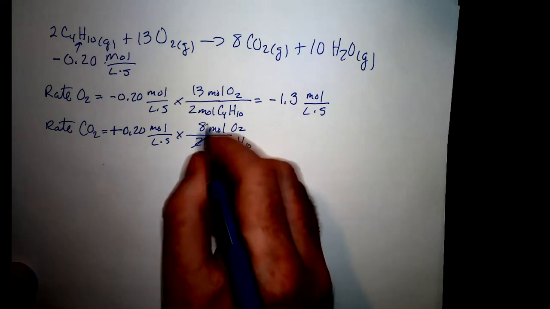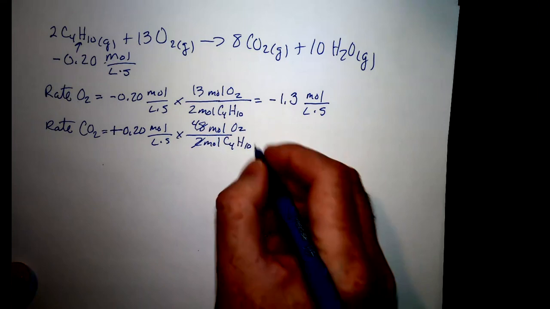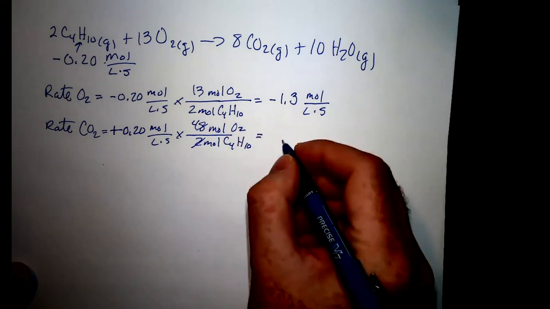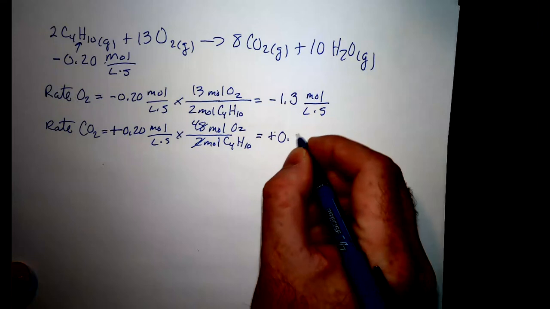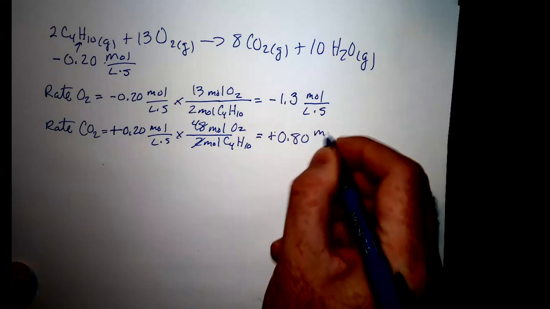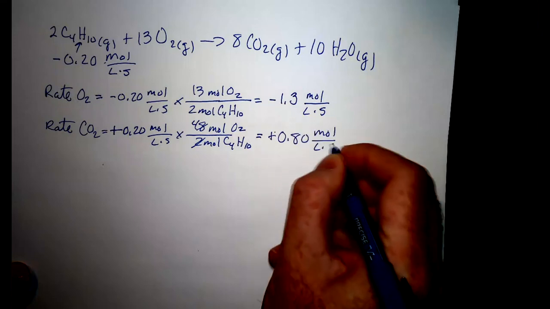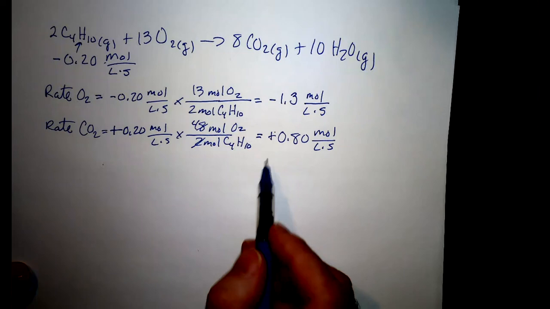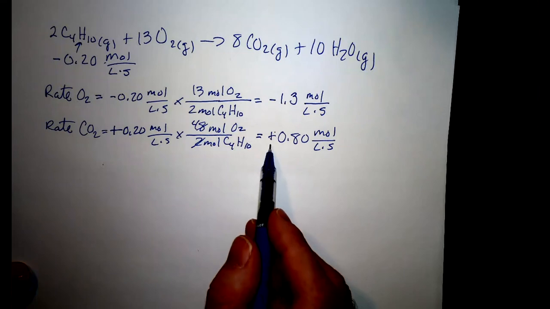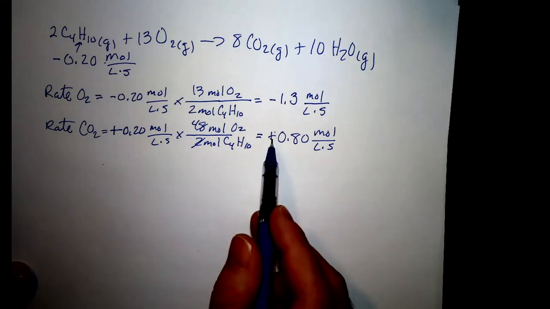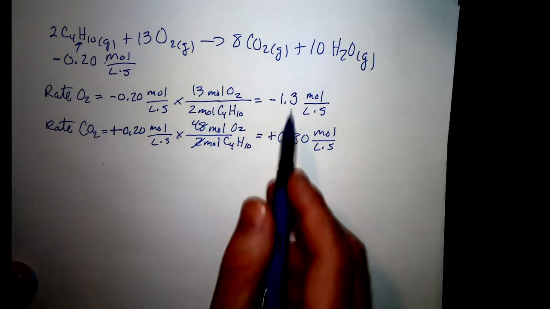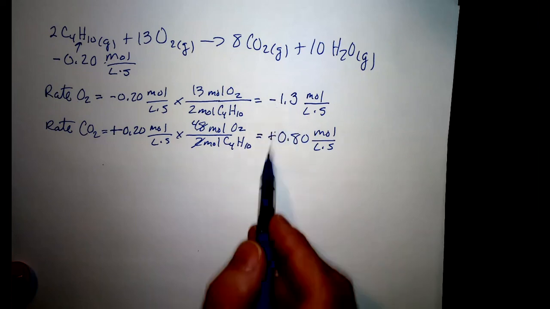We can do a little bit of canceling there. And so we're going to multiply that by 4. So we're going to get a positive 0.80 moles of CO2 per liter per second. Here, normally I wouldn't draw the positive sign explicitly, but I'm doing that for emphasis in this case because I want to distinguish it from that case.